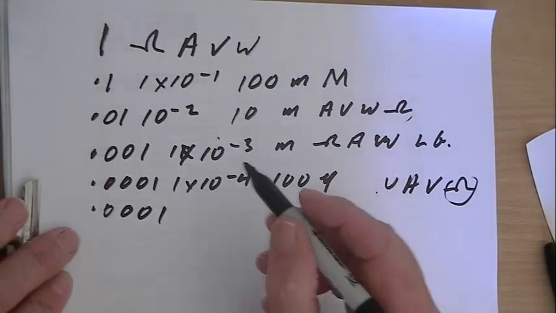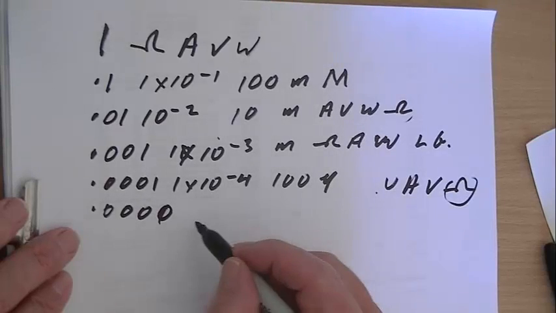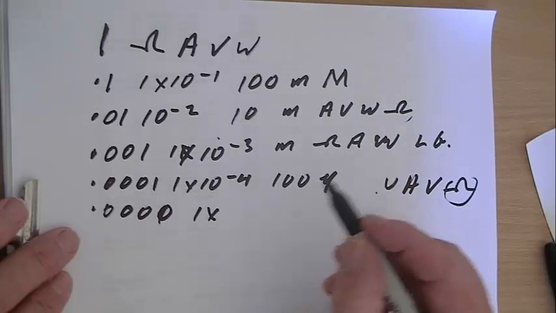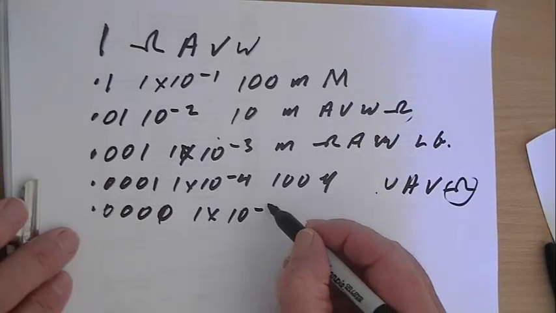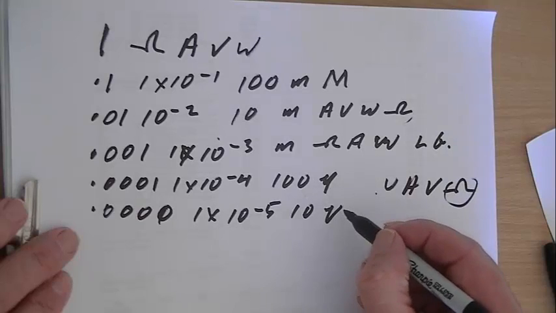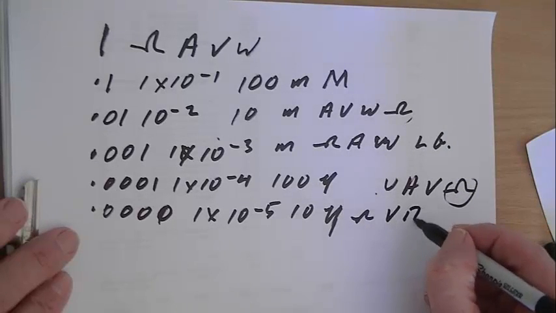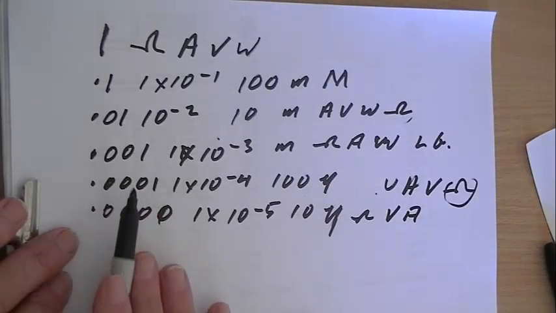Sorry, one more. I'm getting confused. 10 to the minus 5 is 10 micro ohms, or microvolts, or microamps. See how they're going down.